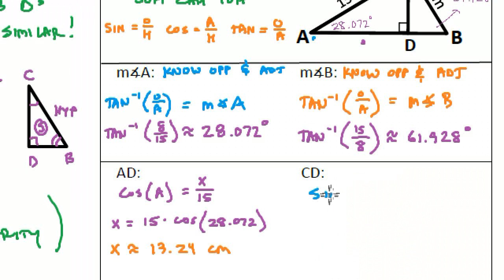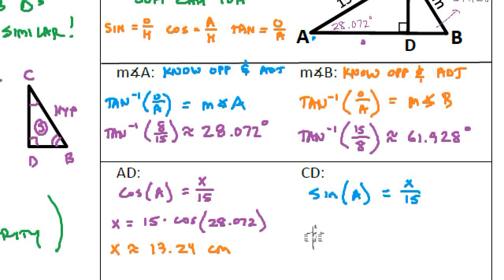So sine of angle A. I can only use angle A right now because I'm using the medium triangle. Is equal to opposite, which is CD, that's our unknown, over hypotenuse, which is 15. There you go.